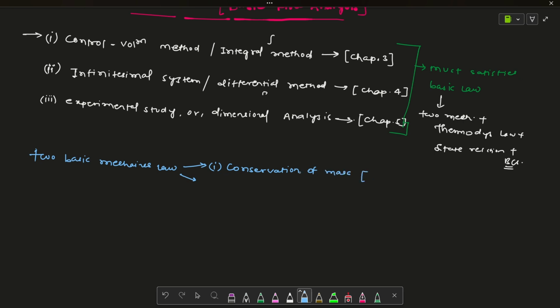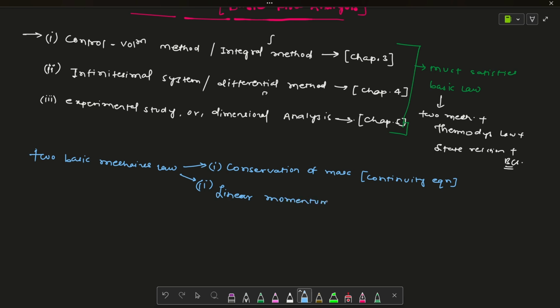The equation we get from conservation of mass is known as the continuity equation. The second of the two basic mechanics laws is conservation of momentum, or linear momentum, which we can simply call linear momentum.